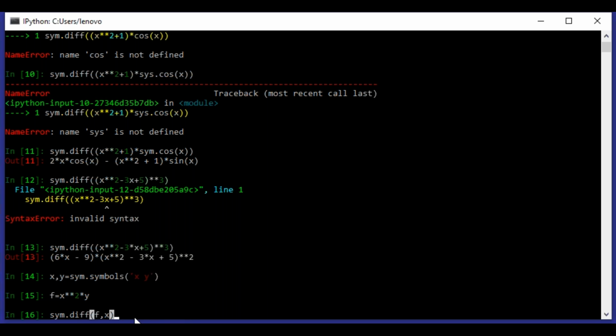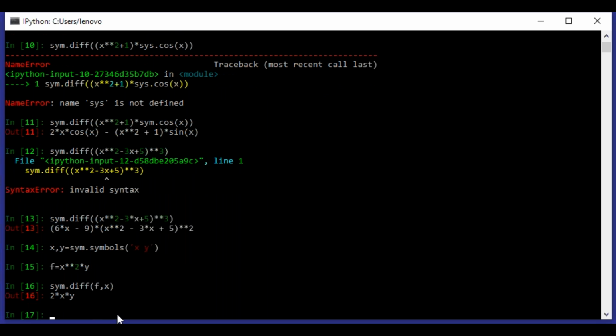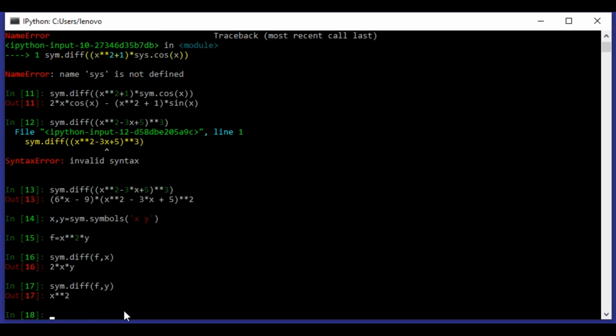Here we are finding the partial derivative with respect to x, so we get the answer 2xy. Similarly we can find the derivative with respect to y, only changing the x: sym.diff in brackets f comma y. We get the answer x squared.